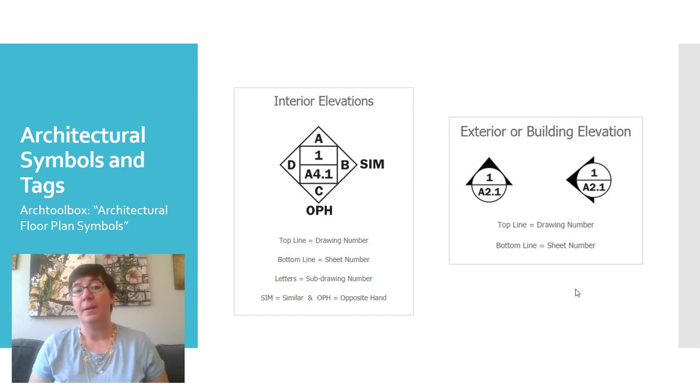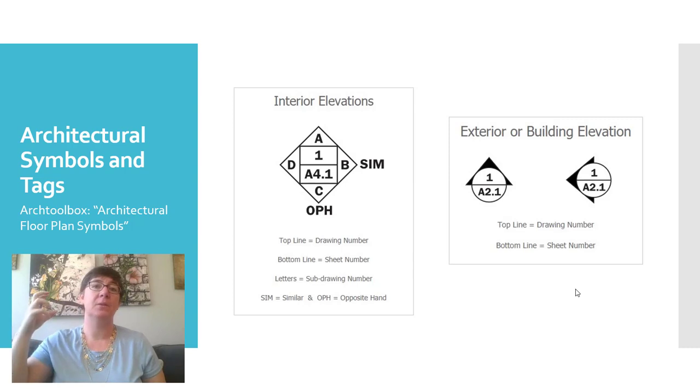Here are some tags for interior elevations and exterior elevations. You'll see that the exterior elevation looks very, very similar to the section cut or wall section tag. It's got the drawing number and the sheet number and a direction, but it doesn't have that cut line.